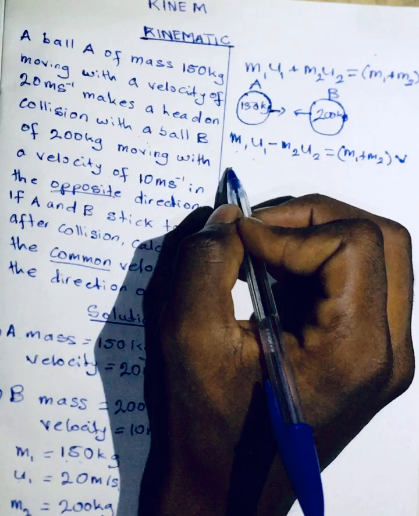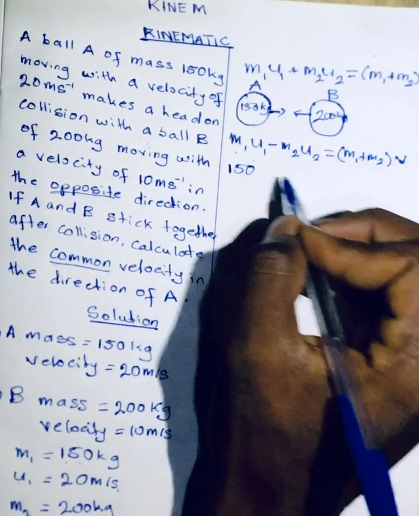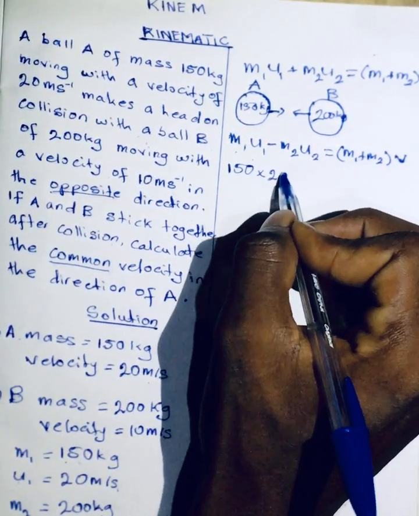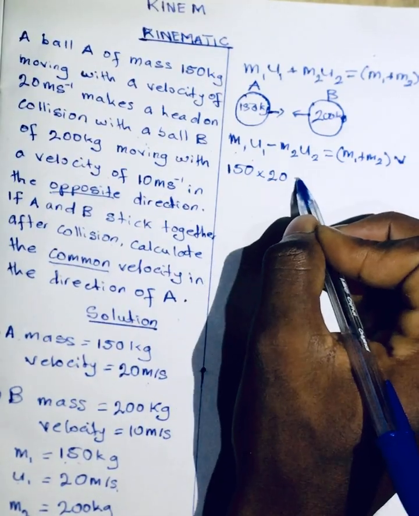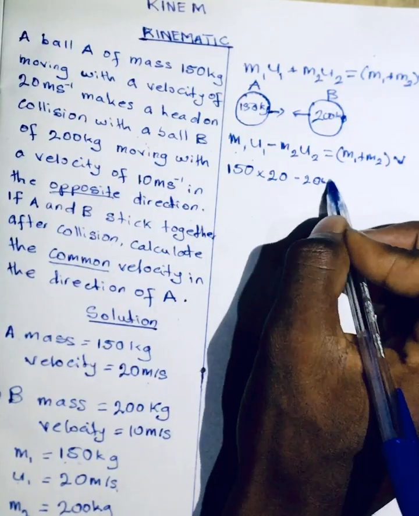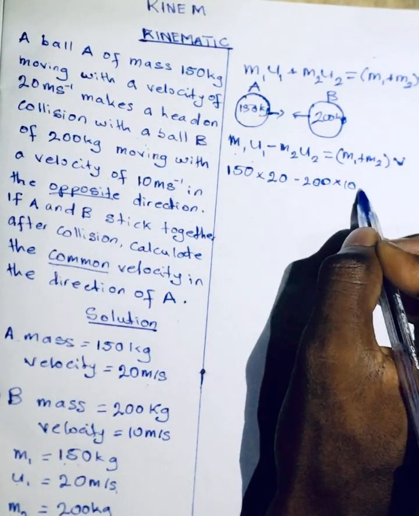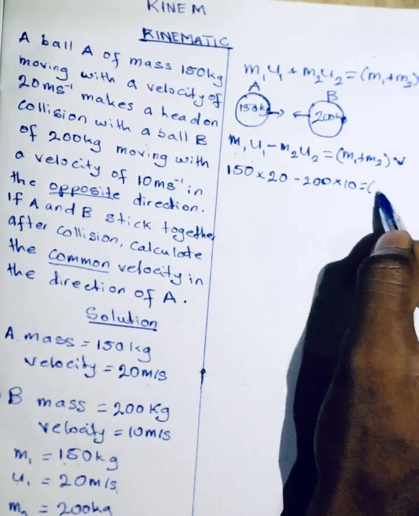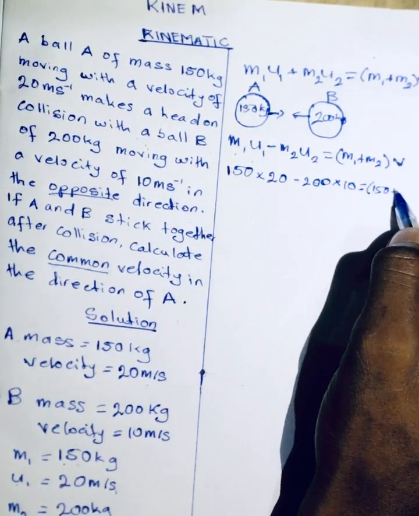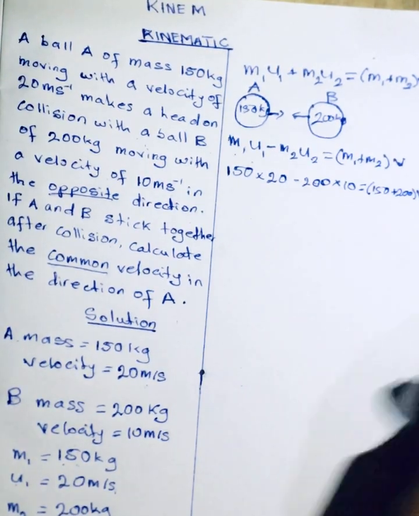The mass we have, 150 times 20 minus 200 times 10, must be equal to 150 plus 200 times v.